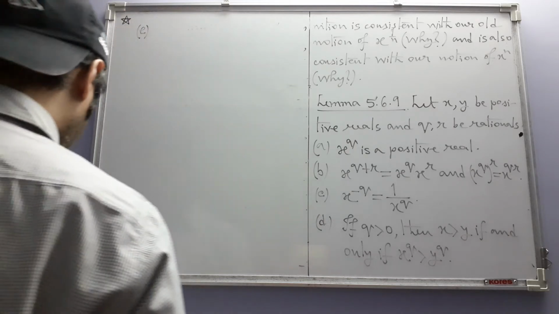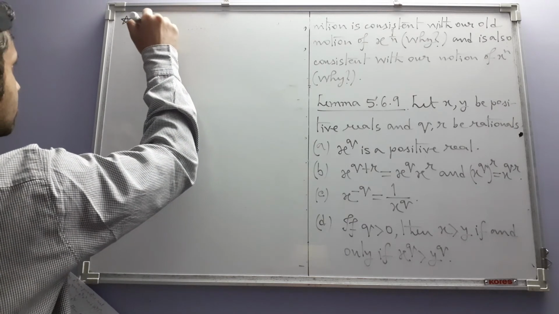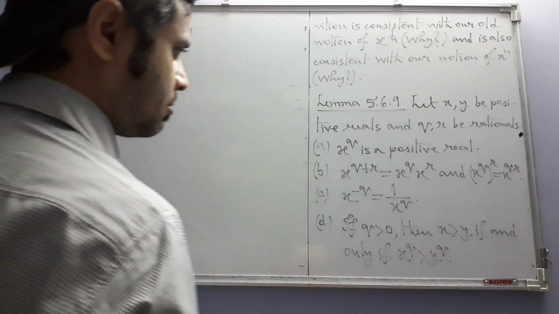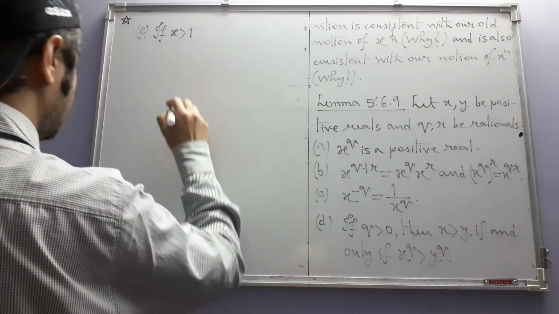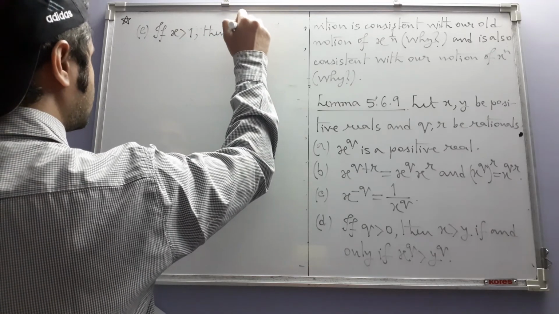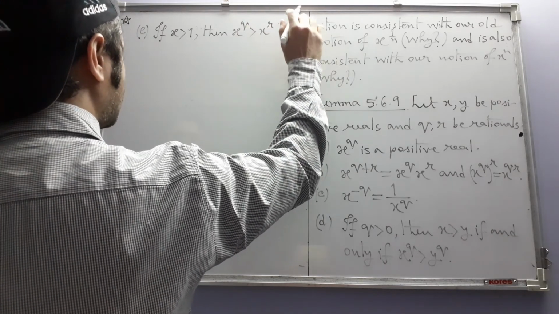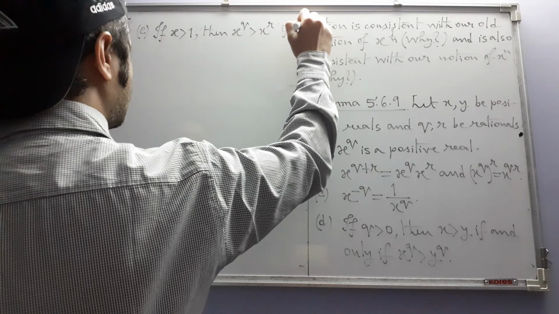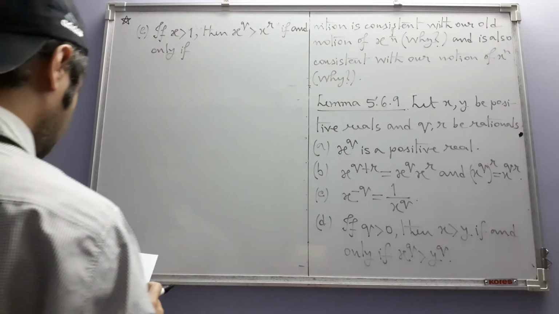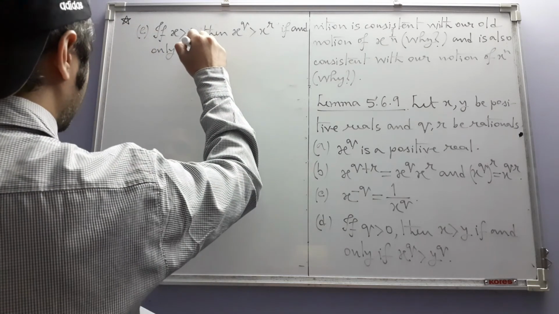E, if x is greater than 1, then x to the power q is greater than x to the power r if and only if q is greater than r.